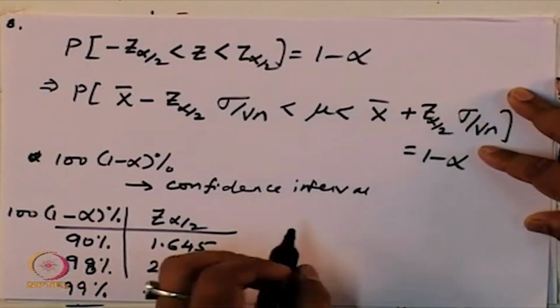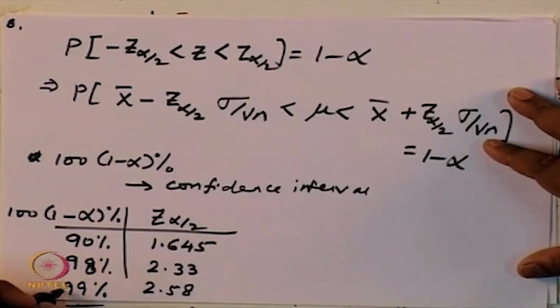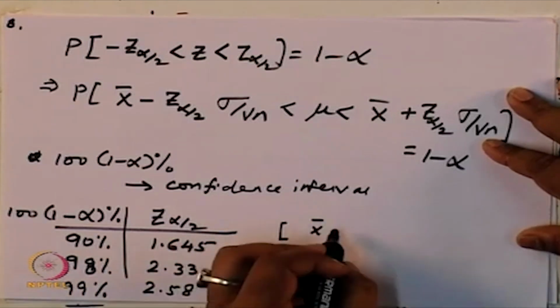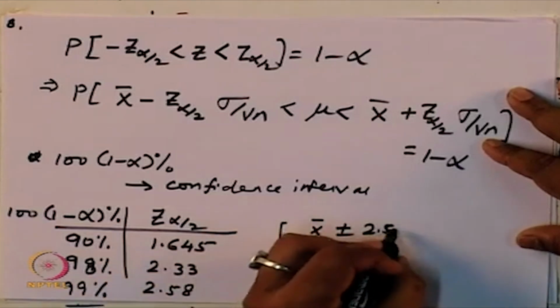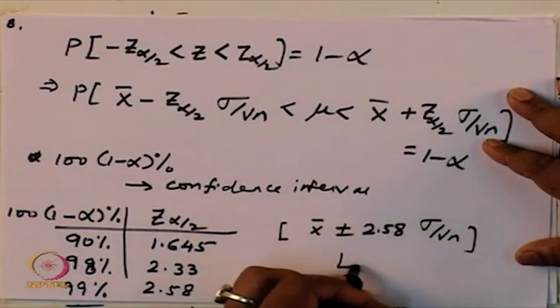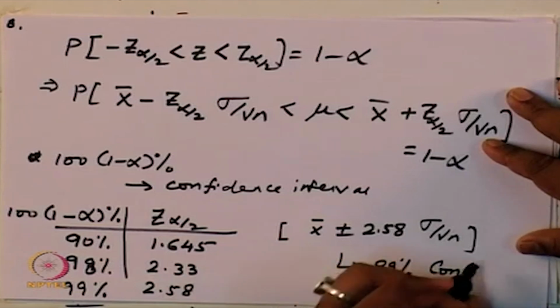Okay. So, this would mean if you want to calculate the 99% confidence interval, then the upper and lower bound becomes x bar plus minus 2.58 sigma by root n. Okay. So, this is the 99% confidence interval for mu.